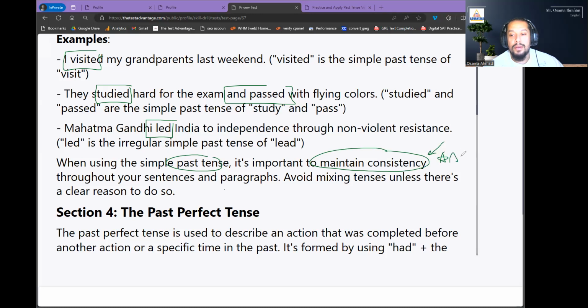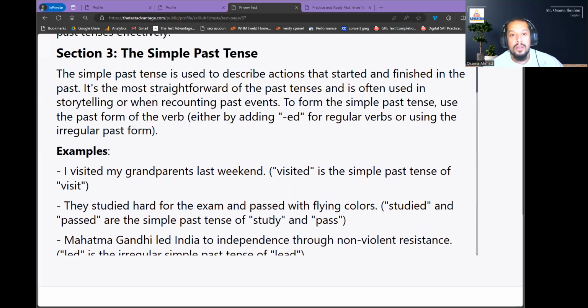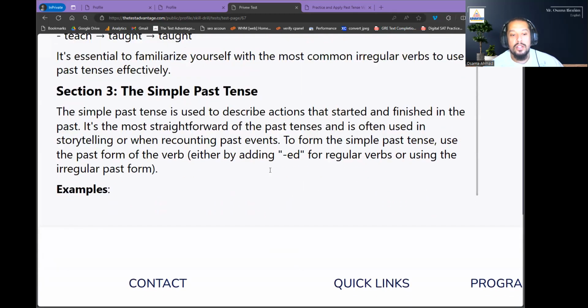This is a very, very important point throughout your sentences. Always avoid mixing tenses unless there's a reason to do so. And one more thing, simple past is one of the most common answer types. Let's go to the next one.